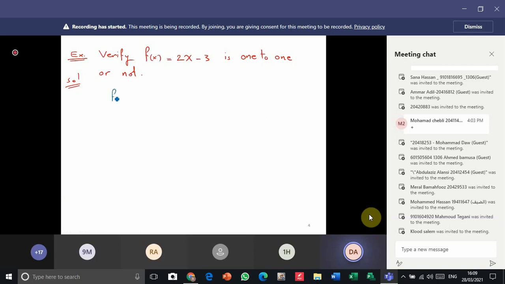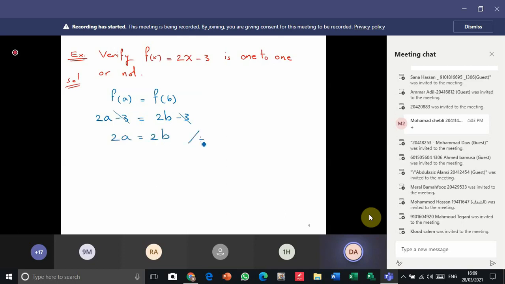firstly, put f(A) equal to f(B). Substitute A, we have 2A minus 3 equals, substitute B, we have 2B minus 3. Now we can remove -3 with -3. So we have 2A equals 2B.